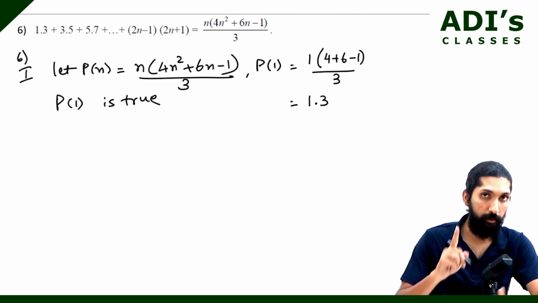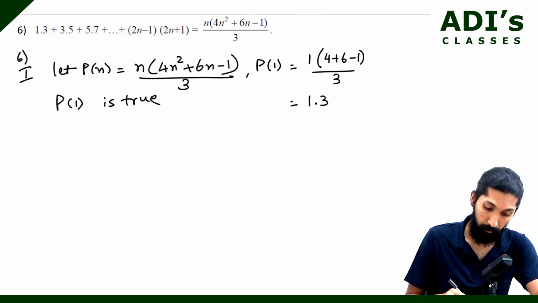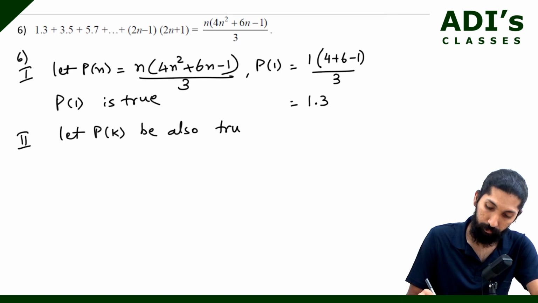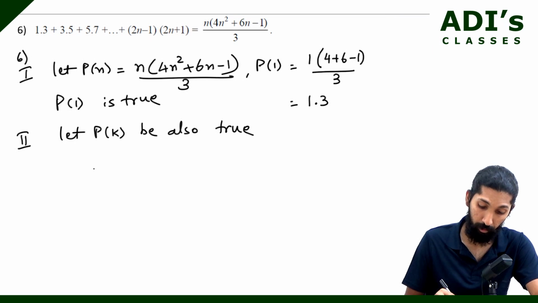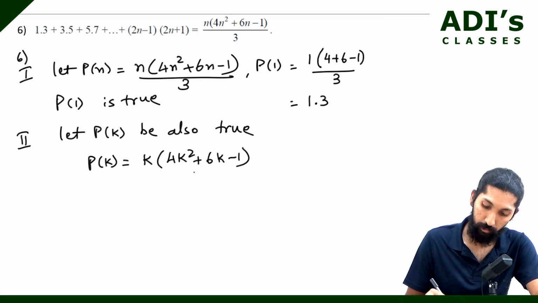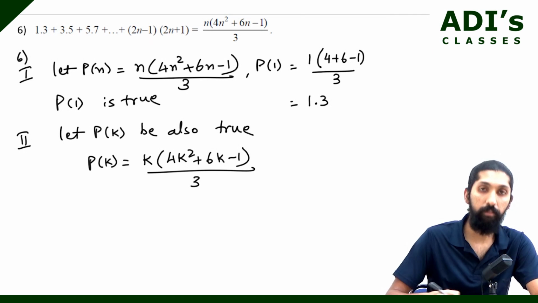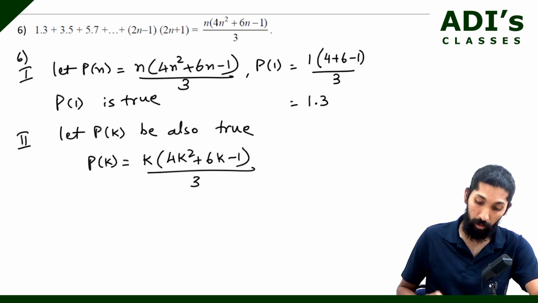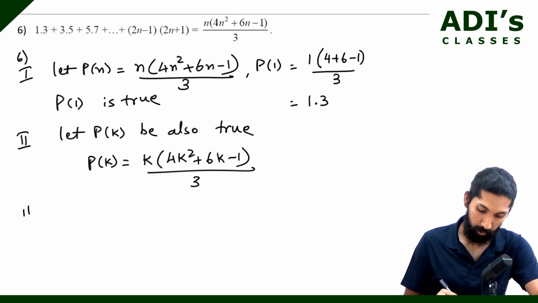Correct? First step is this, very simple. Second step, let p of k be also true. Correct? And p of k will be k into 4k square plus 6k minus 1 divided by 3. Correct? This is what is p of k. Now we have to do P of k plus 1.